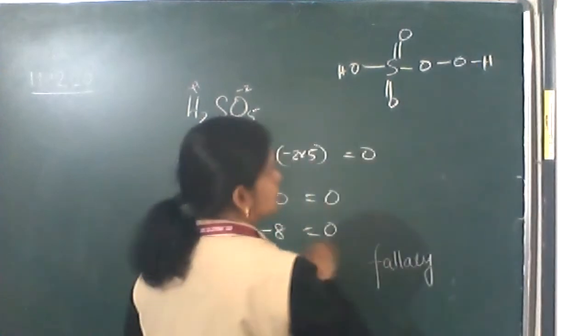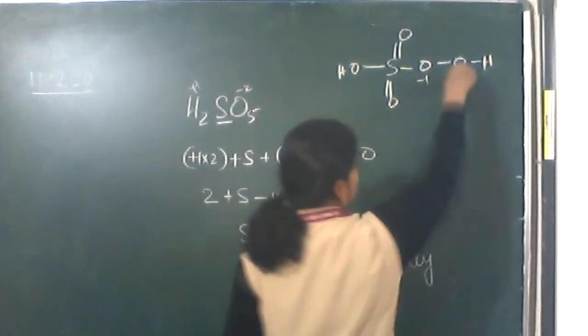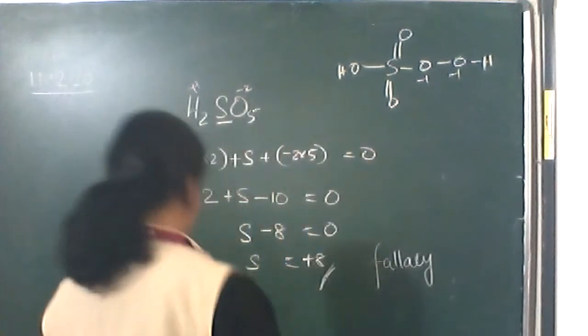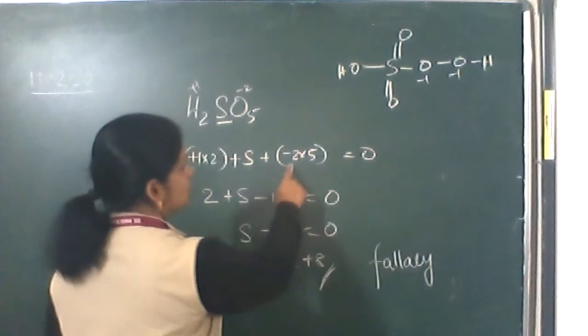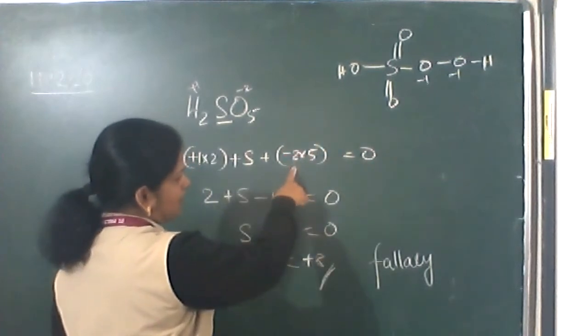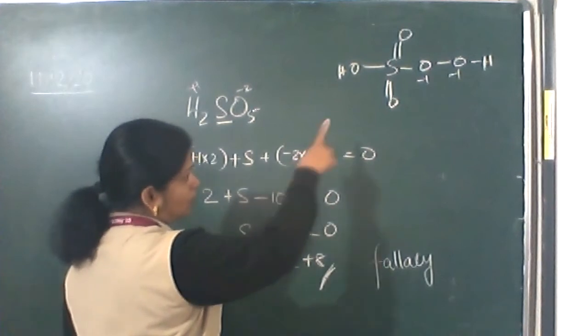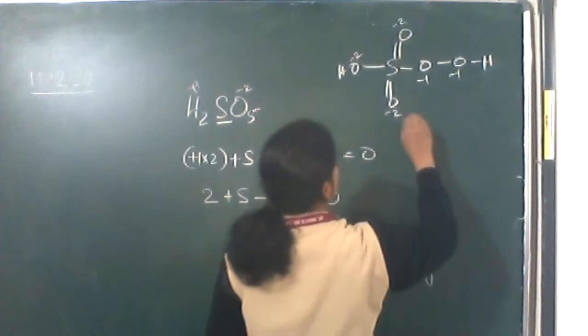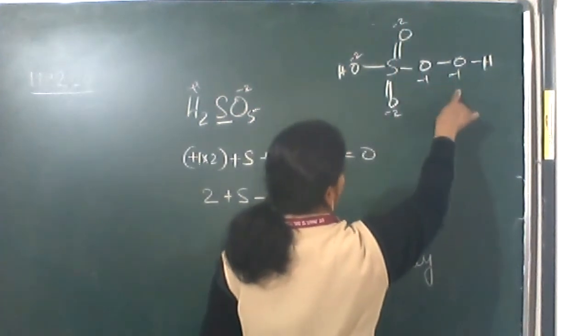So you see there is a peroxide linkage, -1. Two oxygens are under peroxide linkage. That means you cannot take all the oxygens, 1, 2, 3, 4, 5, with -2. Only 3 oxygens are -2, and two are -1.